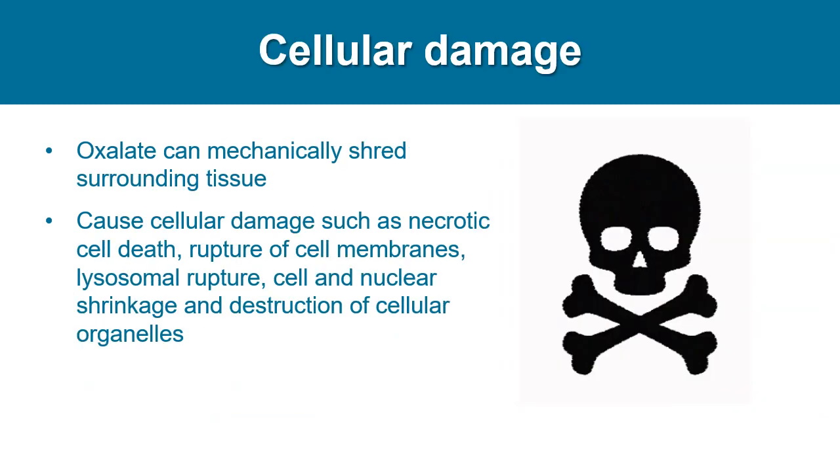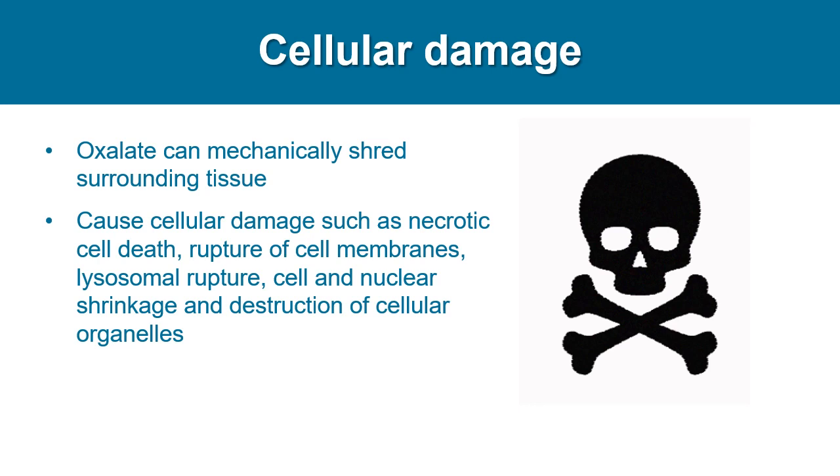So once those crystals are deposited into tissue, they mechanically shred the surrounding tissue because they're like little needles or little razor blades or shards of glass in the body. And because they are so small, micron-sized, nano-sized, they're able to enter the cells and they can cause progressive harm as they do. And we can see things like apoptotic and necrotic cell death. We can see the rupture of cell membranes.